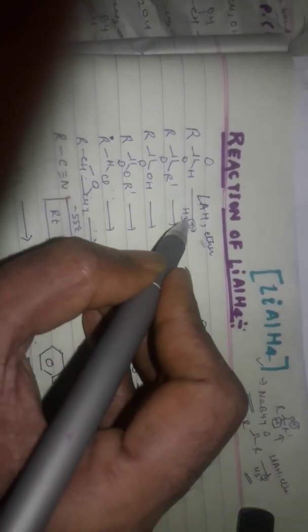It converts to the alcohol. This hydride comes from the lithium aluminum hydride, and this hydrogen comes from the hydronium ion. We explained this fully earlier, so here we only go through the reactions mentioned.